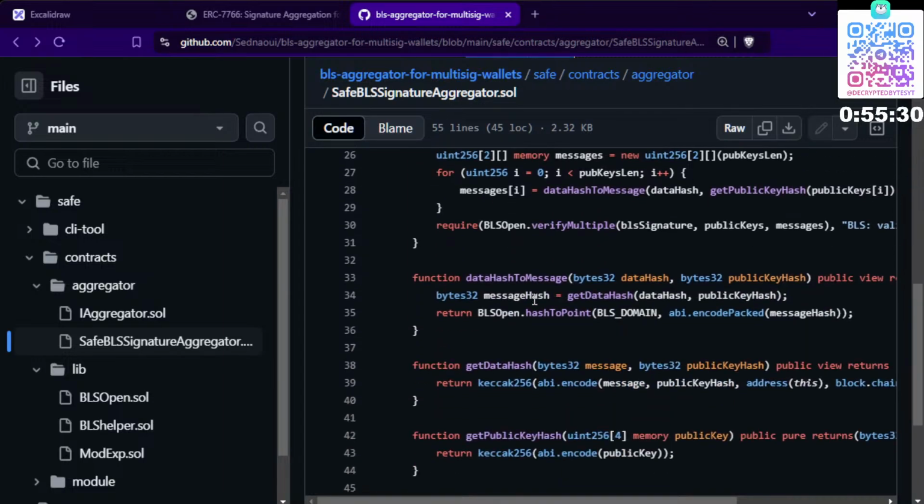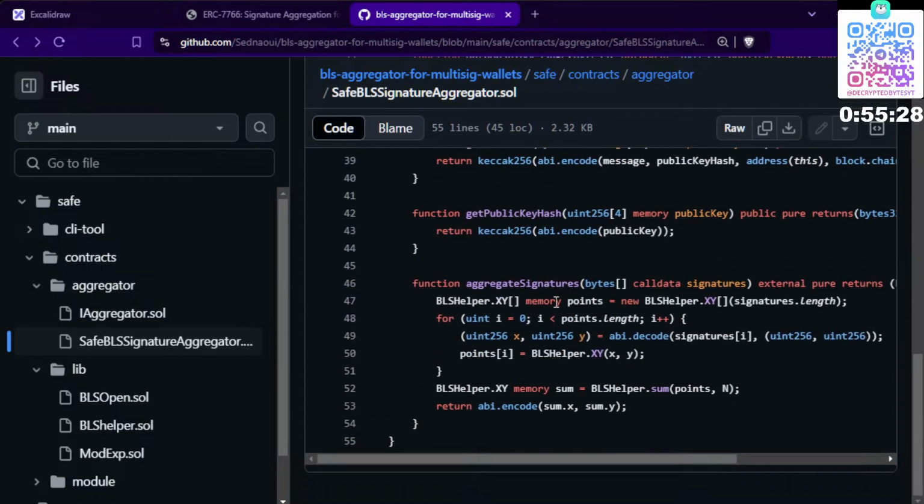It validates signature and it aggregates the signature, but we don't have the create single signature which this contract should return.